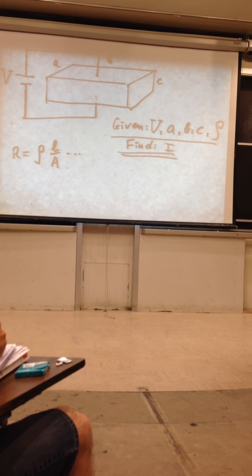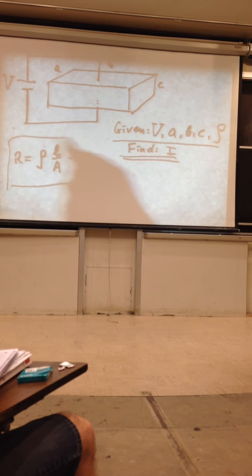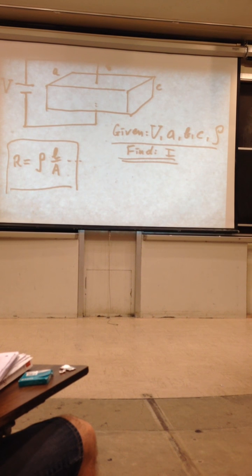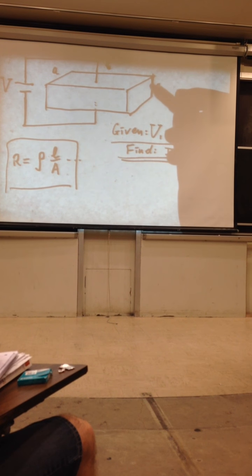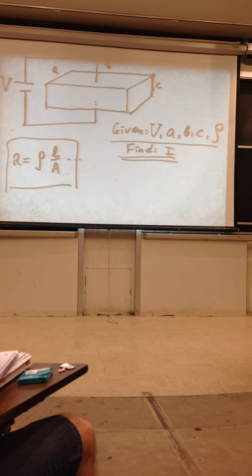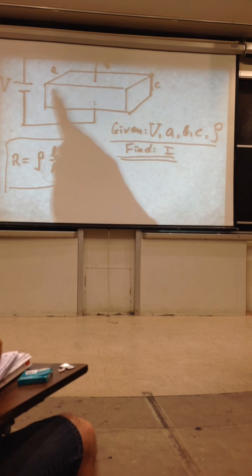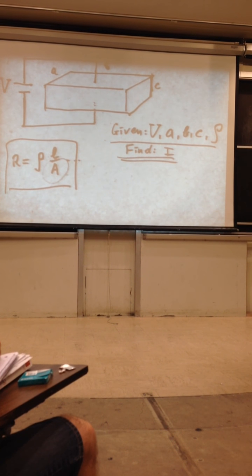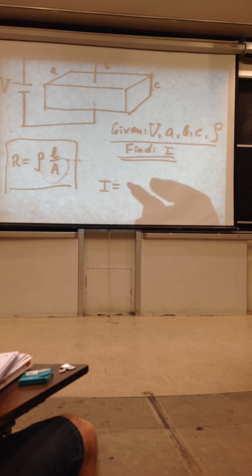All you need to do is determine the total resistance of this thing. This is the height, or the length, divided by area. Area is A times B here. Find the total resistance and determine the current using Ohm's law.